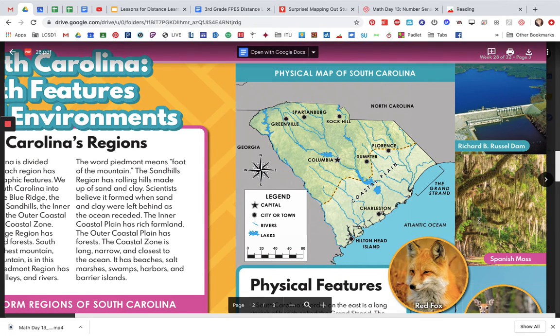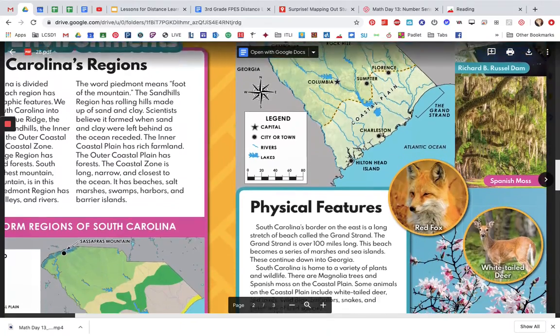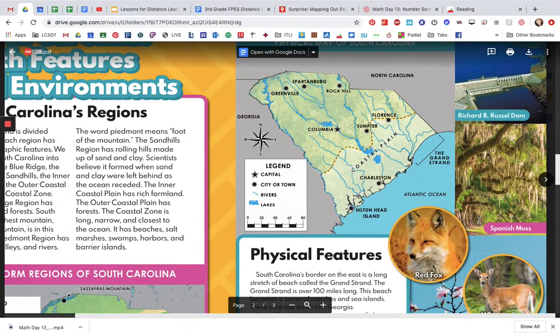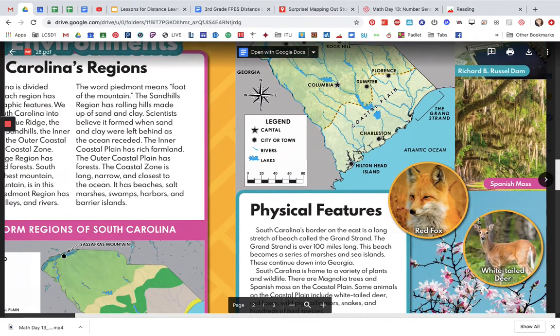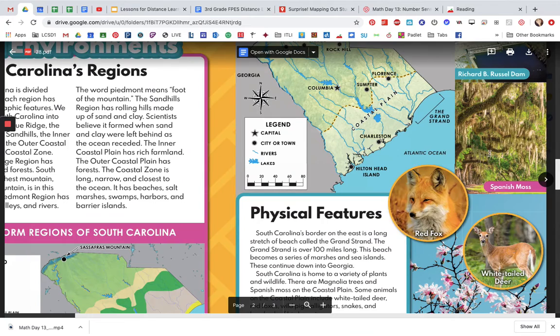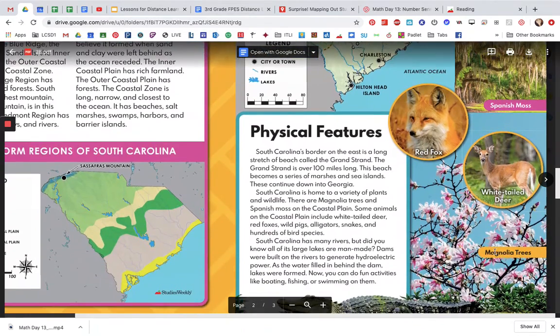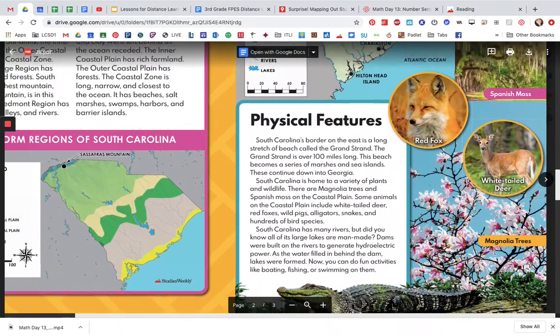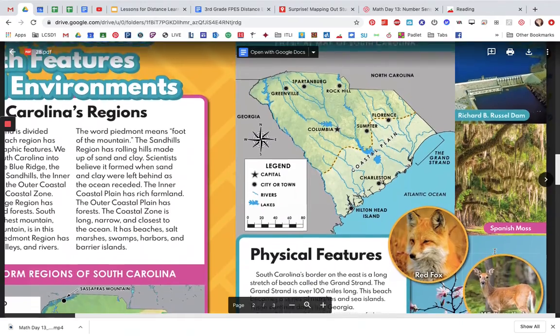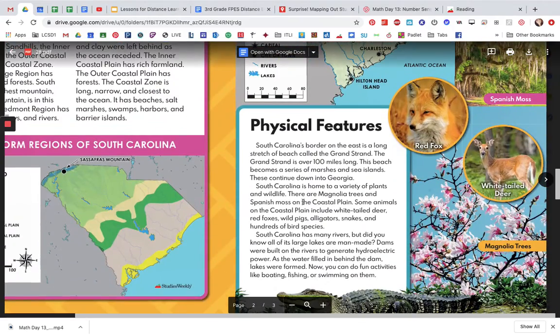Then there's some pictures of some different things in South Carolina, like the Richard B. Russell Dam, the Spanish moss hanging from these trees, the red fox and the white-tailed deer, and even magnolia trees and an alligator. I wonder if these things are all in South Carolina. Let's read and find out.